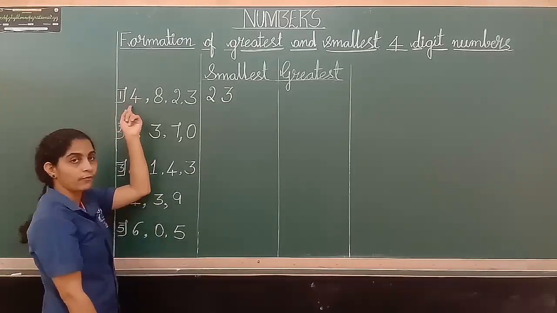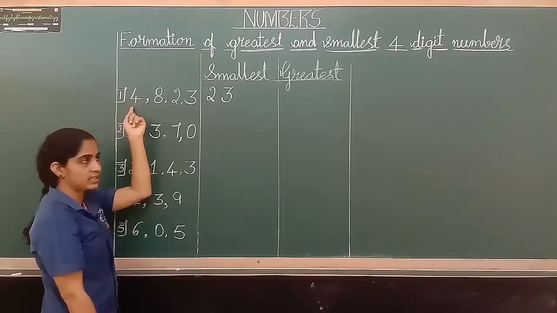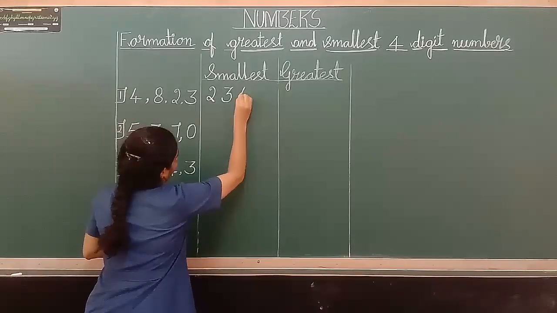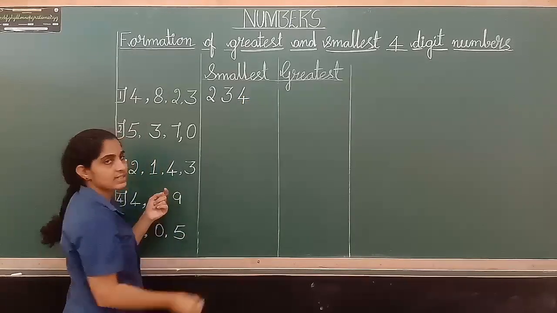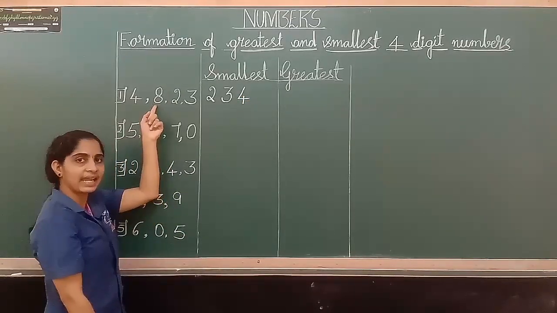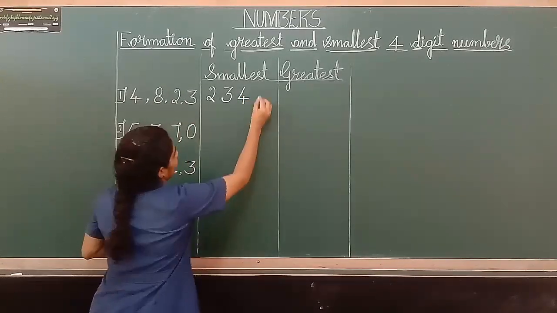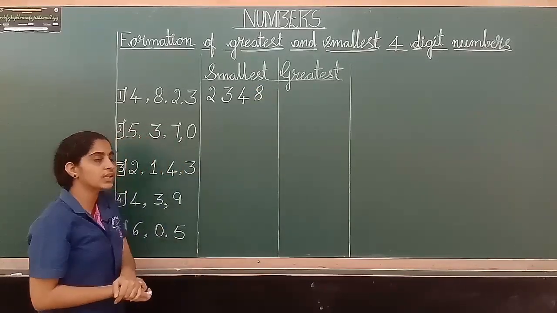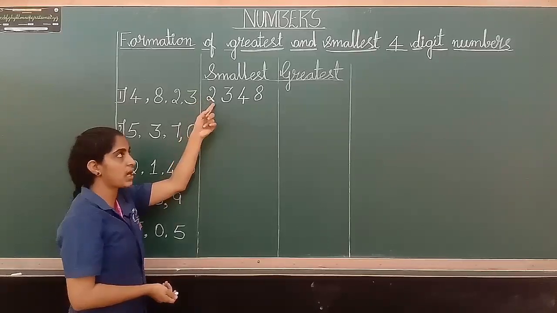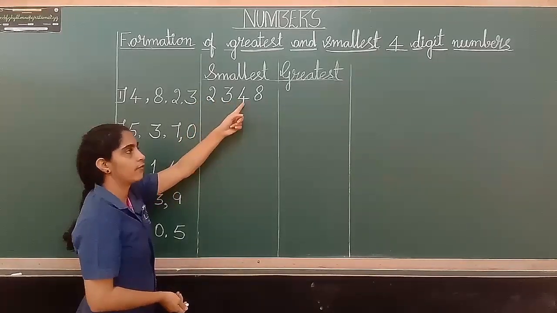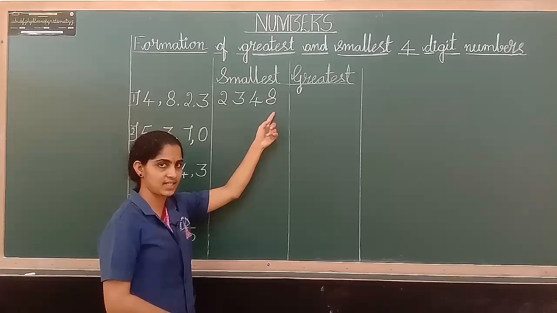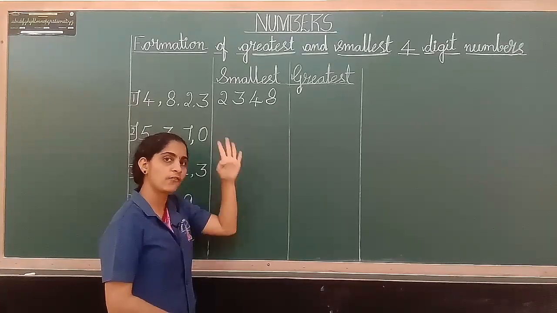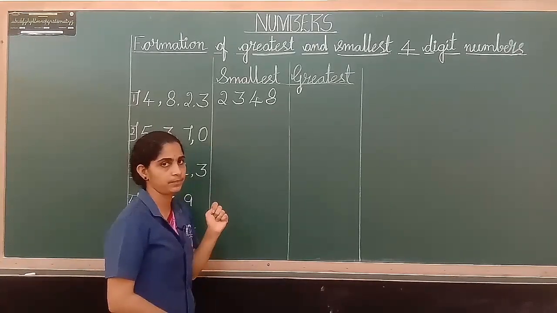Very good. 4 is the next smaller digit. So let us write 4. And the last remaining digit is 8. That we have to write at the end. So we got the number 2348. This is the smallest 4-digit number.